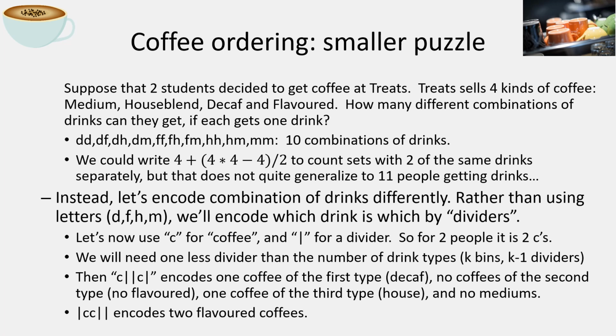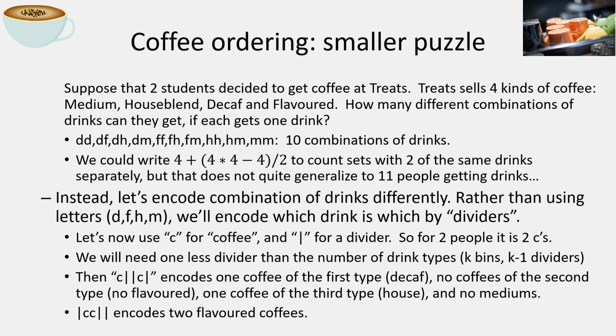Or instead, if I write divider, coffee, coffee, divider, divider, that will mean 2 flavored coffees. Hopefully you see how you could encode orders in this way, without ambiguity.